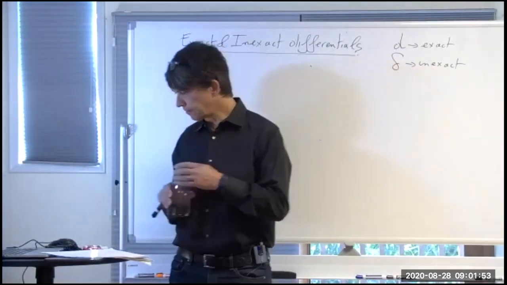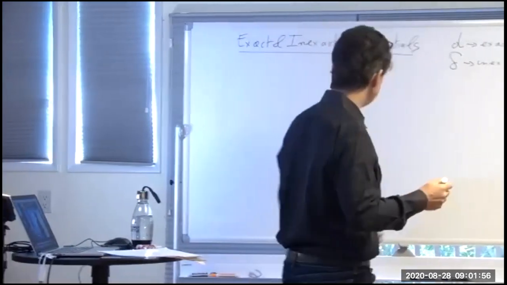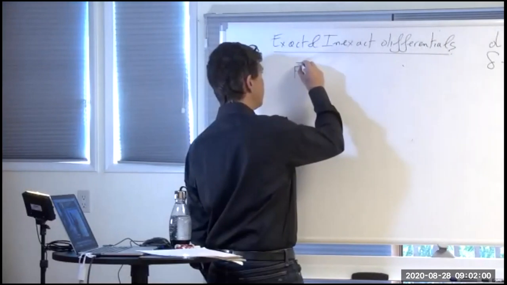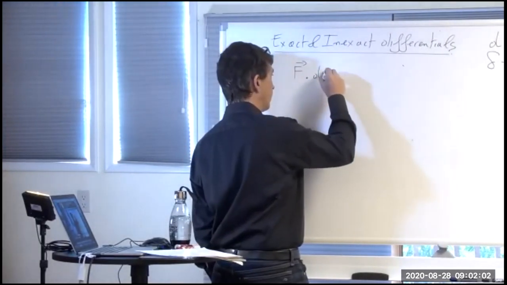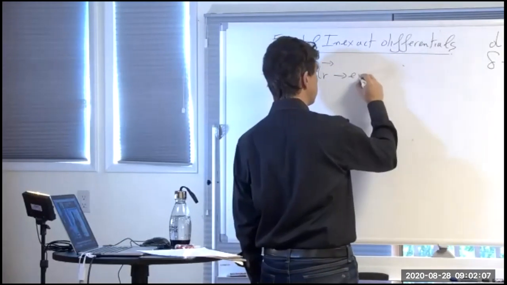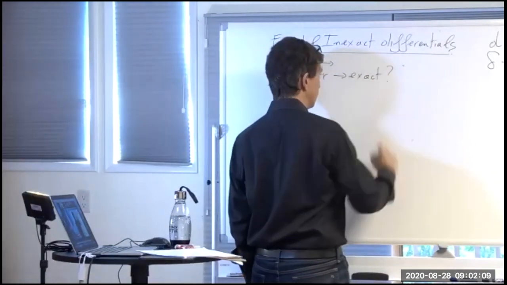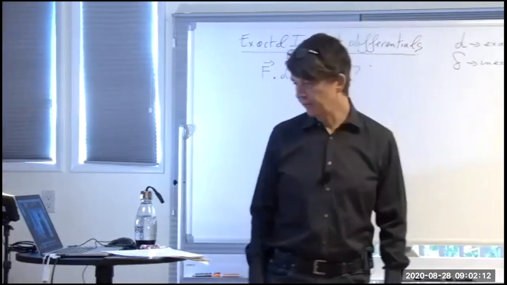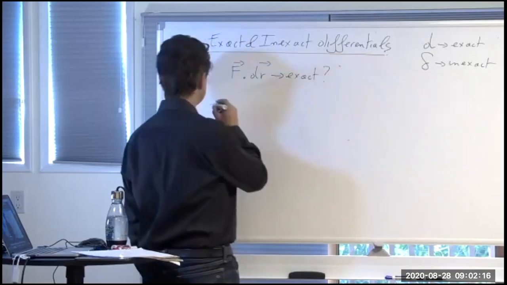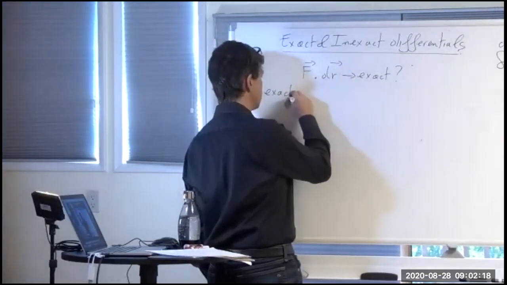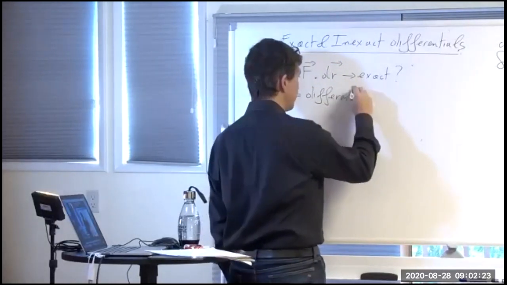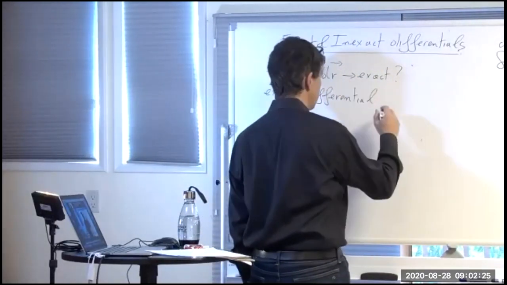So if I give you a differential, say F dr, how do you know whether it's exact or not? The definition of an exact differential is that it's the differential of a function. So that means there exists a function of which this is the differential.